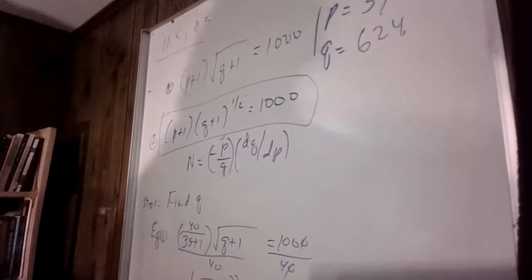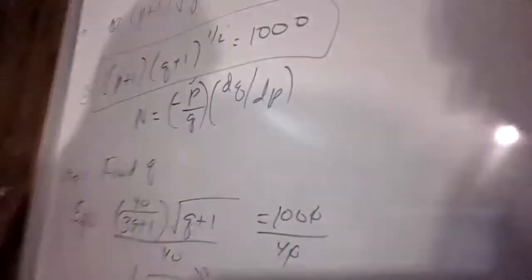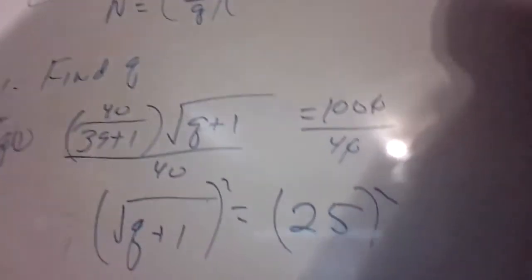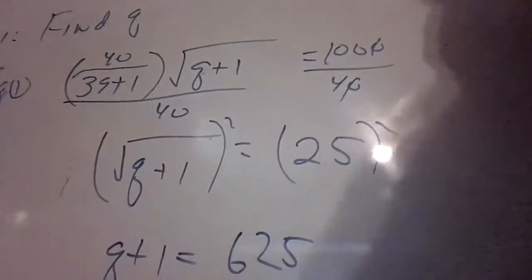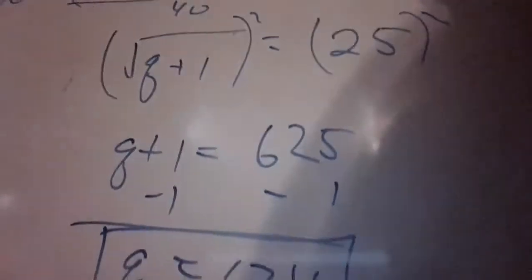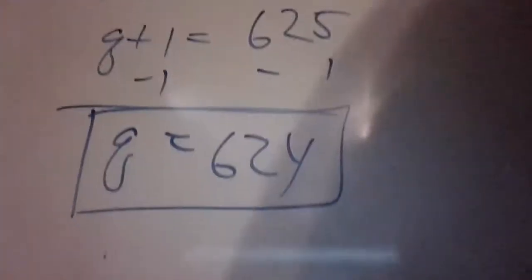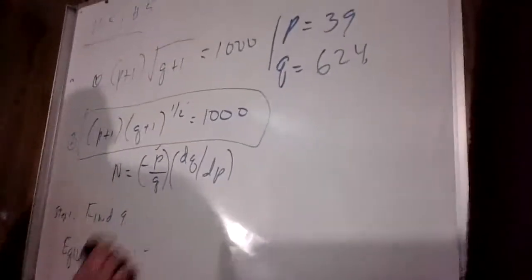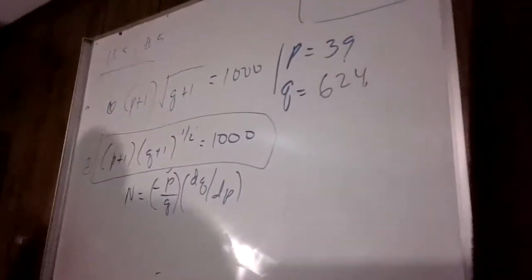So I hope everybody has this. Let me give a quick overview here. There's a quick overview of what I did to find Q. Always use the original equation. I just substituted what I knew at P, and I solved for Q, which is 624. All right. You can always rerun this if you've missed it.